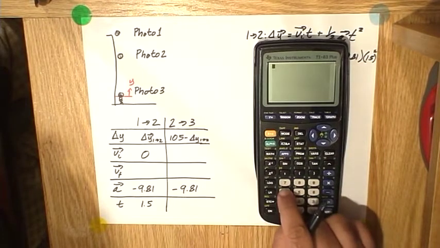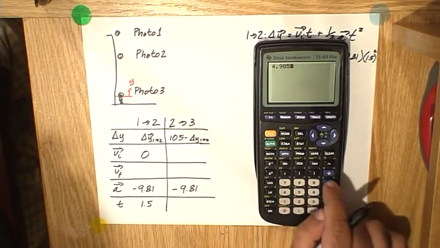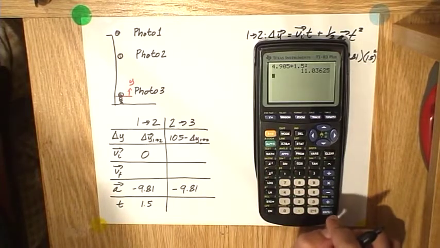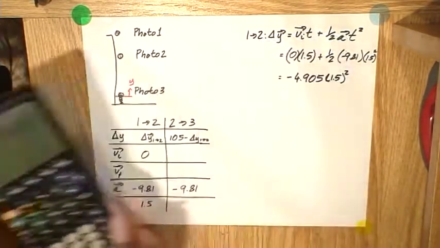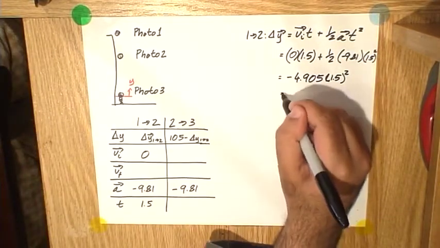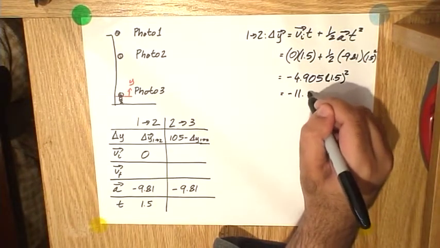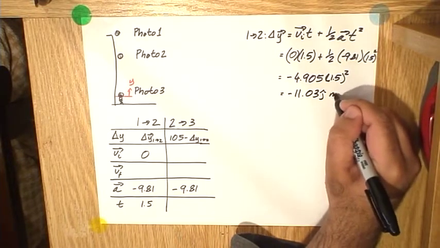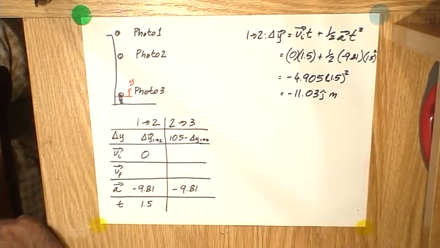So 4.905 times 1.5 squared is 11.03. So that means that the rock is going to descend by 11.03 j hat meters before our hero sees it.